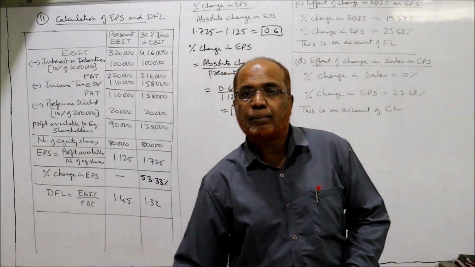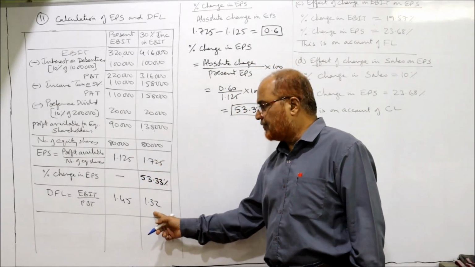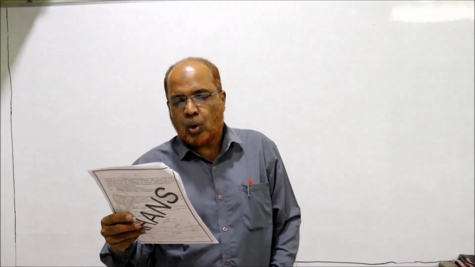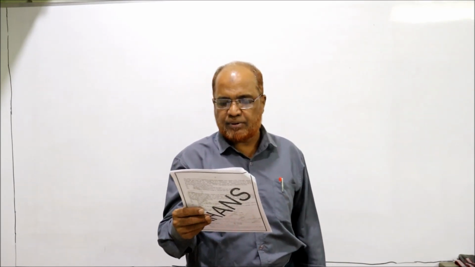So it is asking you to calculate percentage increase in EPS and DFL. Both we have calculated. 12th problem is very important. Calculate OL and FL, operating leverage and financial leverage, under situations A, B, C, and financial plans 1, 2 and 3 respectively from the following information relating to the operation and capital structure of XYZ company for producing additionally 800 units.